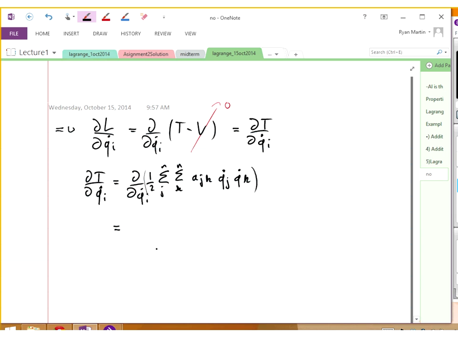So that's a half times the sum over J of A_ij Qj dot, plus the sum over K of exactly the same thing, A_ik Qk dot.